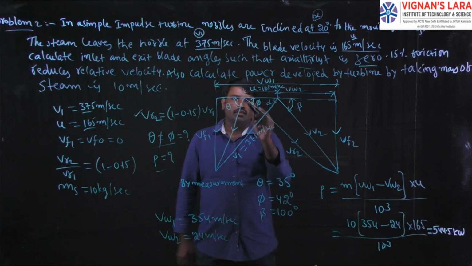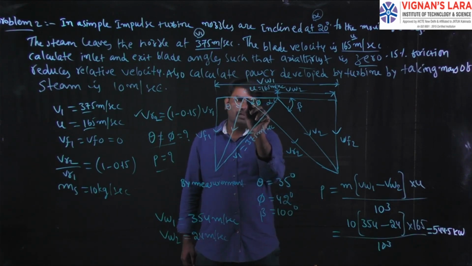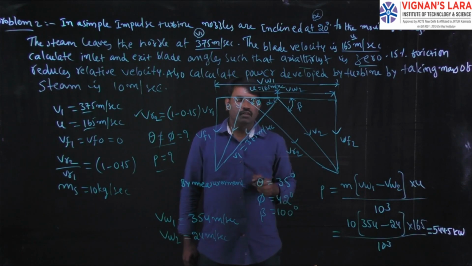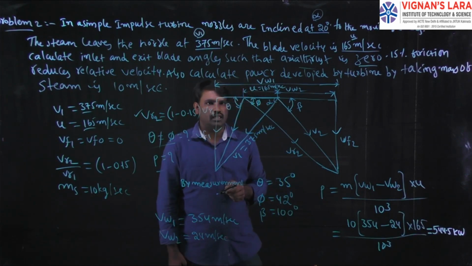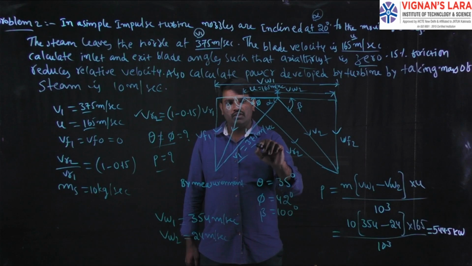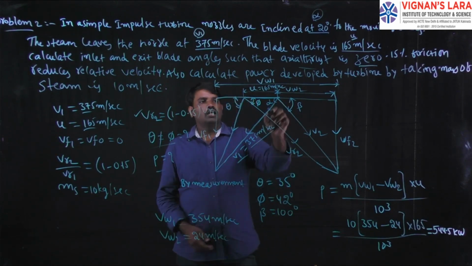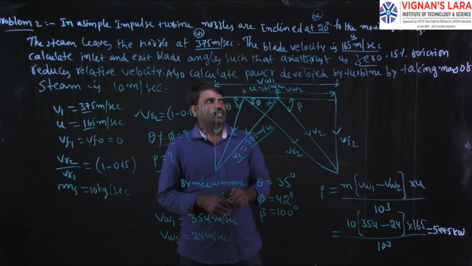First draw the U line, U equal to 165 meters per second, taking a suitable scale like 4 centimeters or 3 centimeters. Later draw V1 from the given data, 375 meters per second, with alpha equal to 20 degrees.